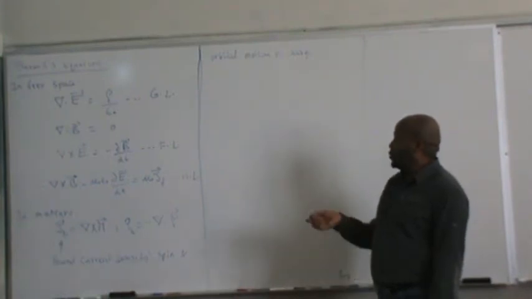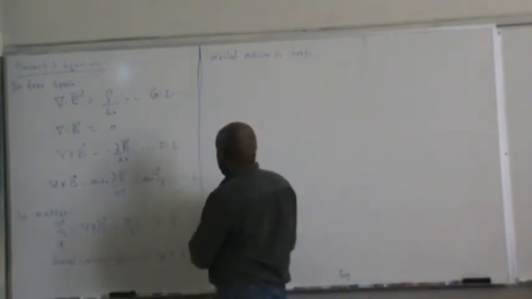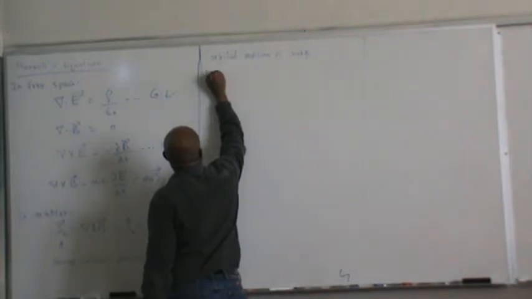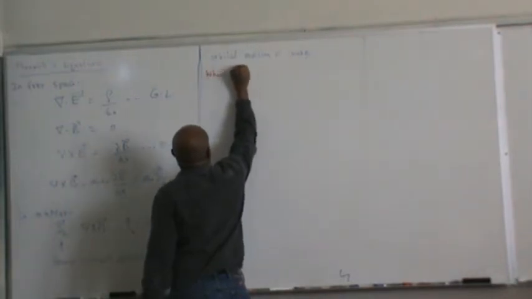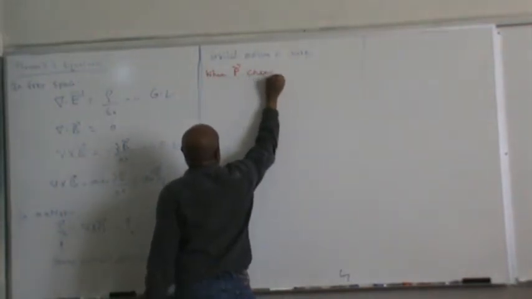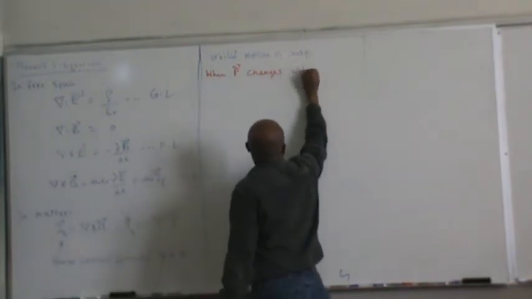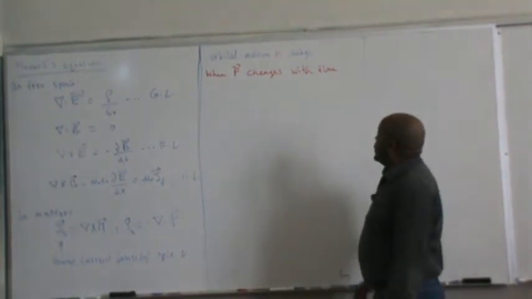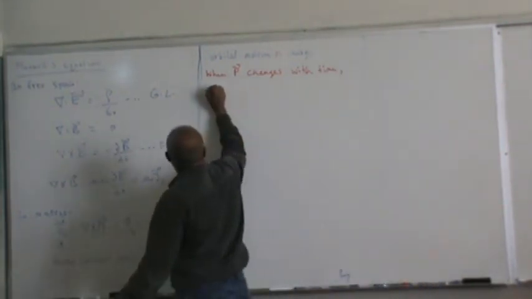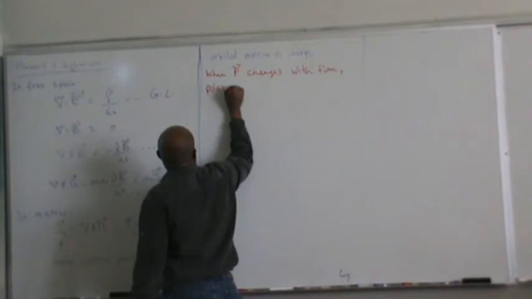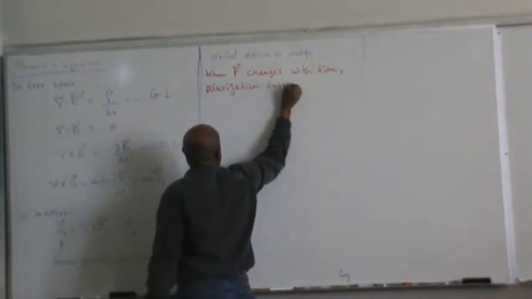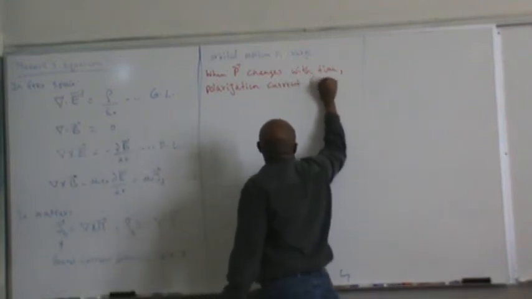That produces another current, known as the polarization current. So when P changes with time, we have a polarization current, JP.